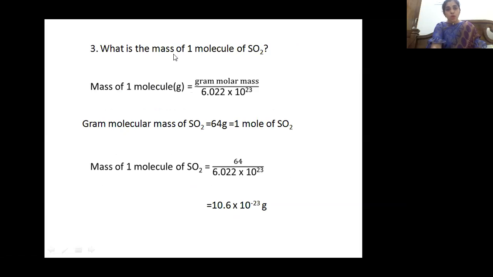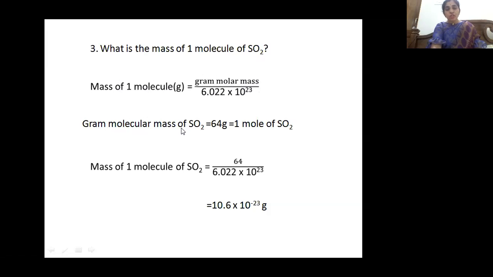Let us look into one more problem. What is the mass of one molecule of sulfur dioxide? Mass of one molecule in gram is gram molar mass by 6.022 into 10 to the power 23. So you should learn these formulas.